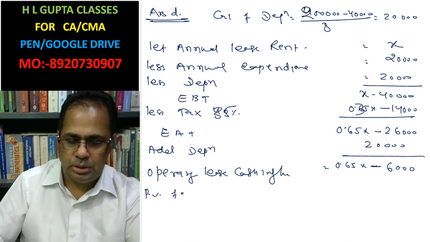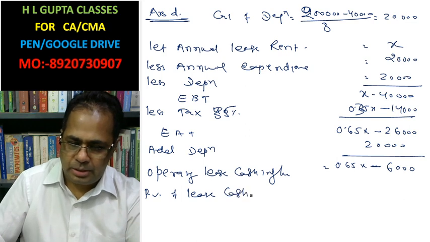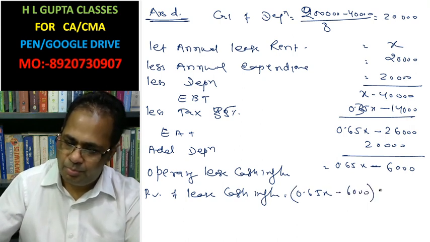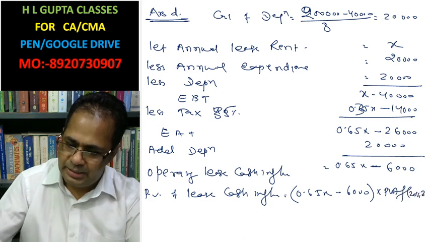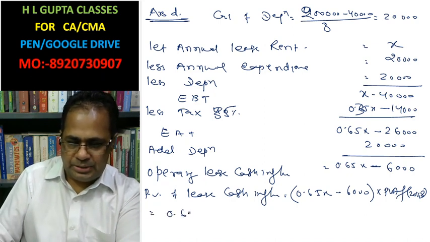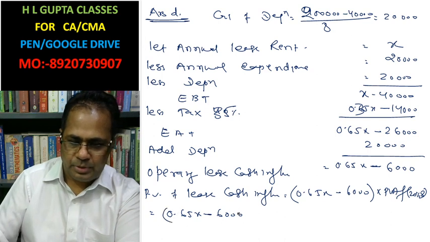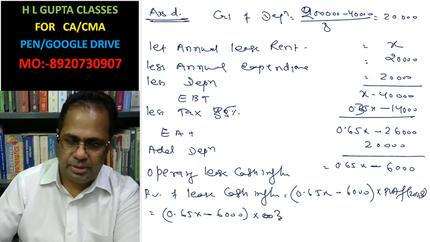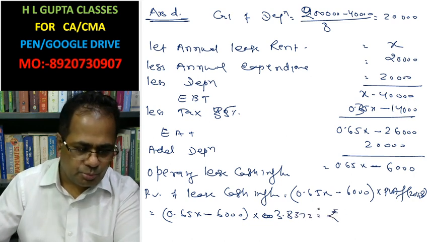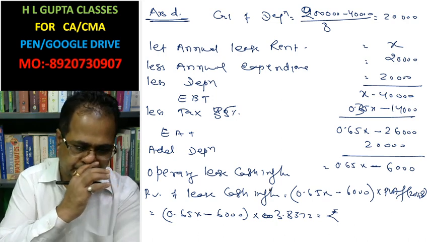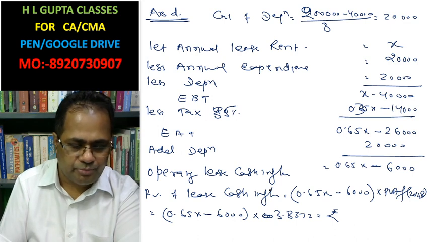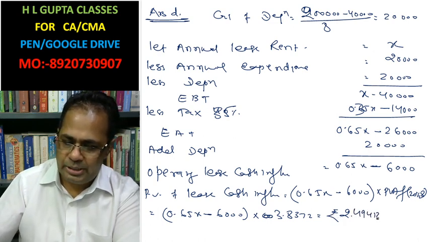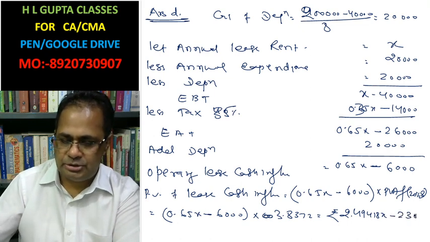Present value of lease cash inflow is 0.65x minus 6,000 into present value annuity factor 20%, 8 years, 3.8372, that is 2.49418x minus 23023.